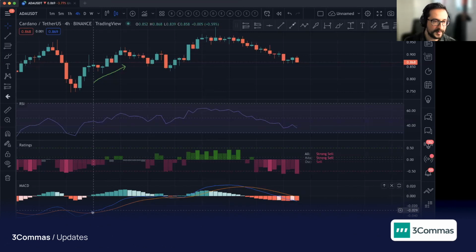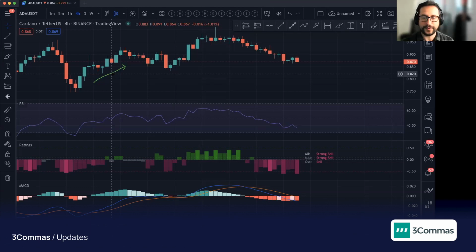But what happens if this doesn't play out? You get a bear cross very quickly and then you're waiting for a sell signal, and unfortunately you get the sell signal when you are big in loss and you were not intending to close at a loss, you wanted just to hold. So will there be a way to say, okay, this is the deal close condition, but I don't want to close in loss?